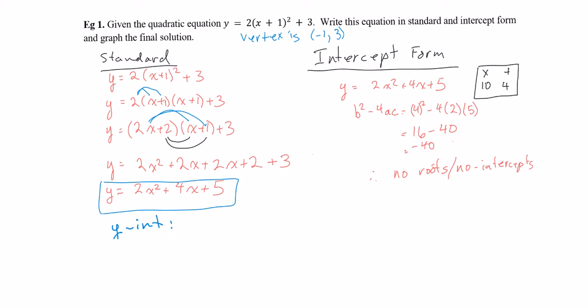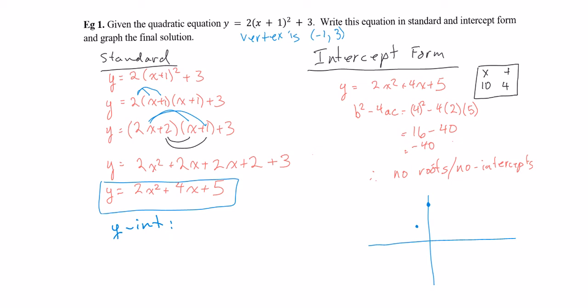Now on to the graph. So we're just going to quickly sketch the graph here. Our vertex was -1, 3, so I'm just going to put the point here. Our y-intercept is 5, so I'm going to assume that 5 is here.